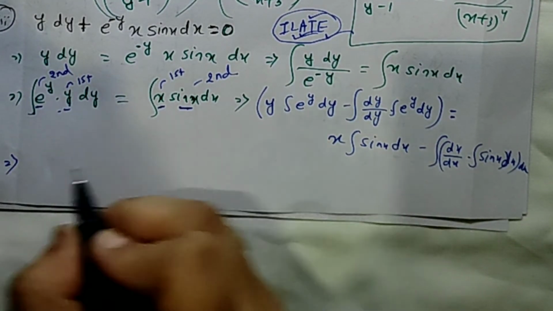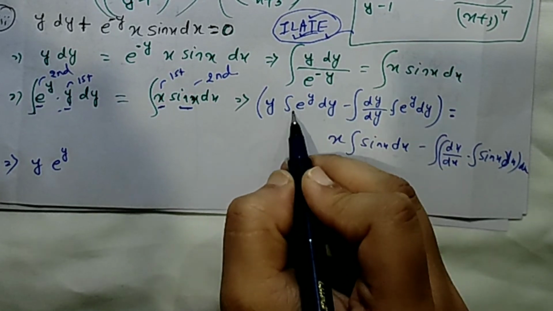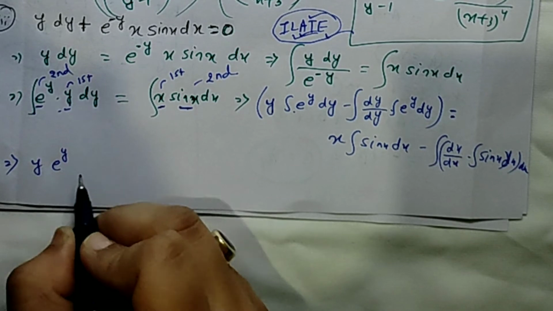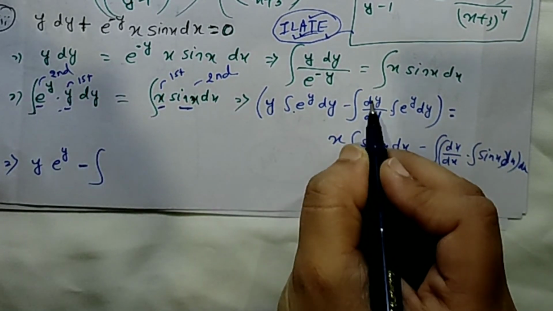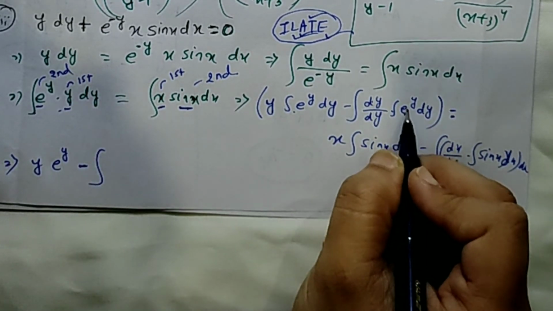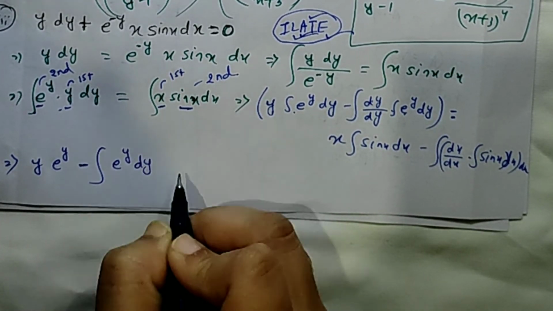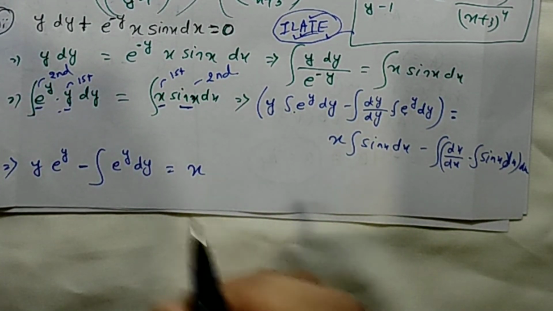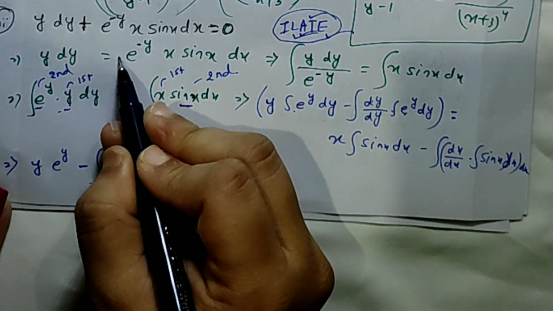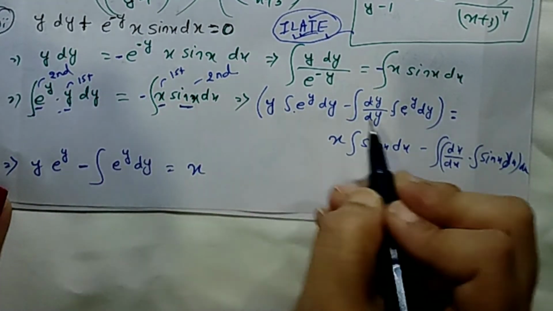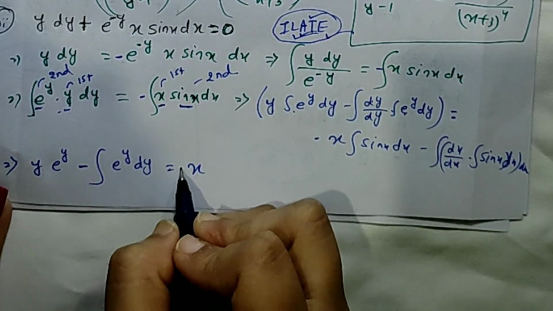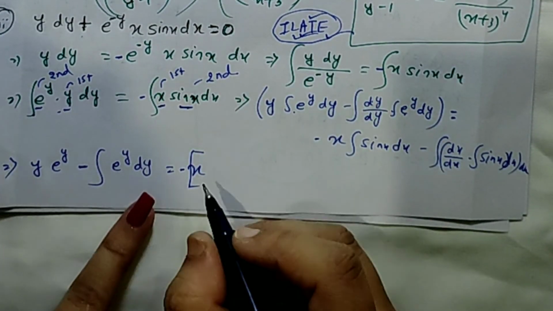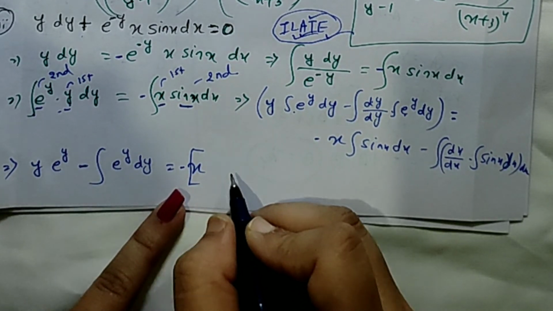Now implies this is y e power y. E power y integration is e power y minus integration, derivative of y is 1, integration of e power y is e power y dy, is equal to x into, if we take this to the right hand side, we have a minus. Because this is in the left hand side plus, so in the right hand side it will be minus of x into sin x.